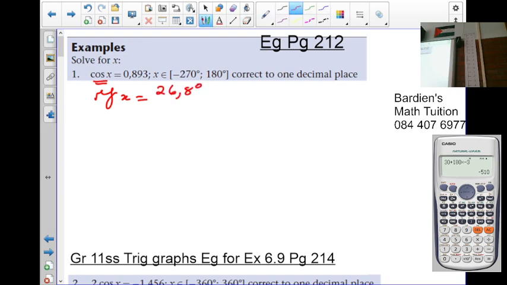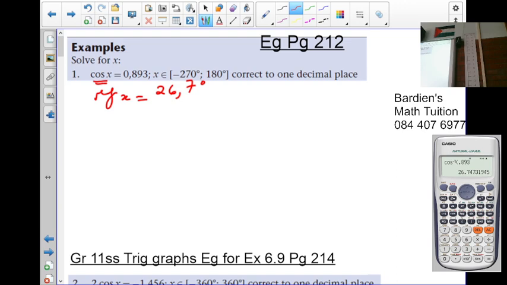Not so. Can we just do it myself? Can't depend on you people. 0.893. 26,7. You say yes for everything, and when you do say yes, it's at the wrong time. Okay. So it's 26,7 degrees.